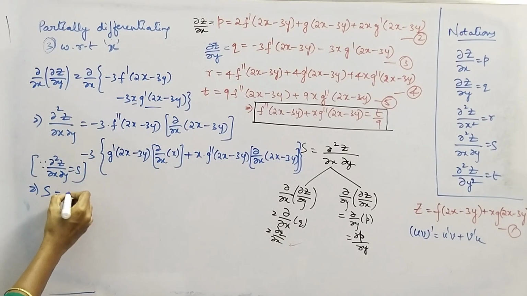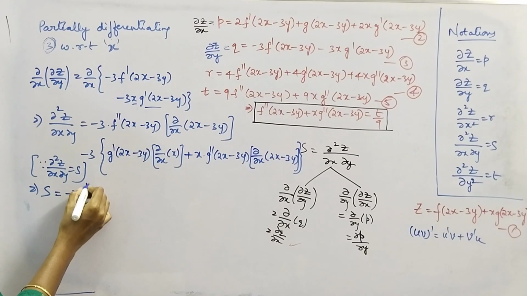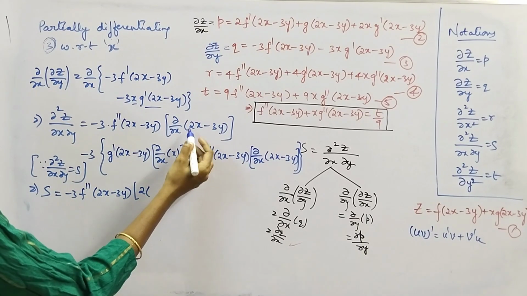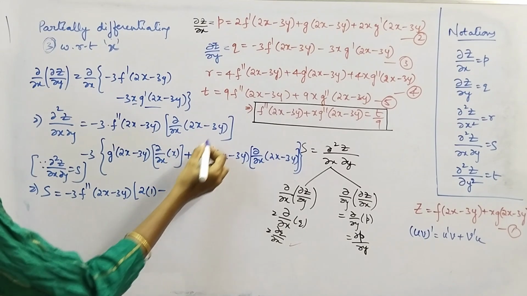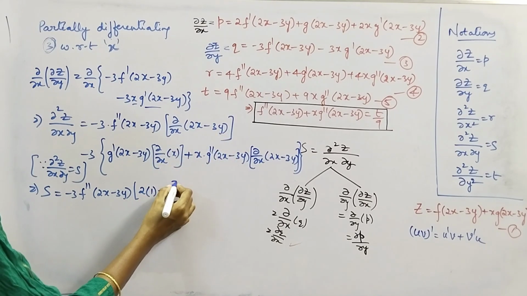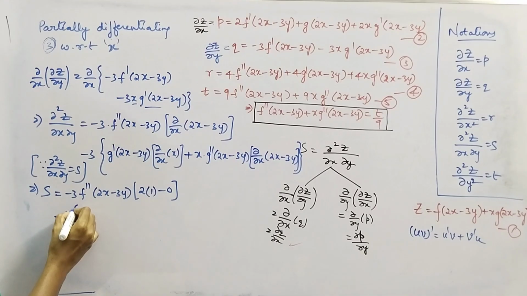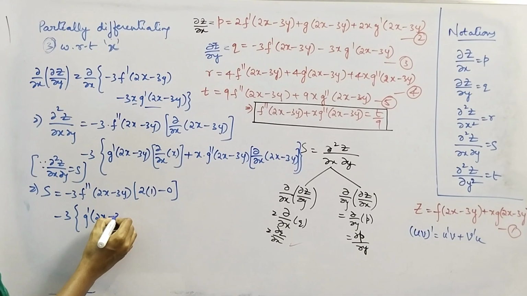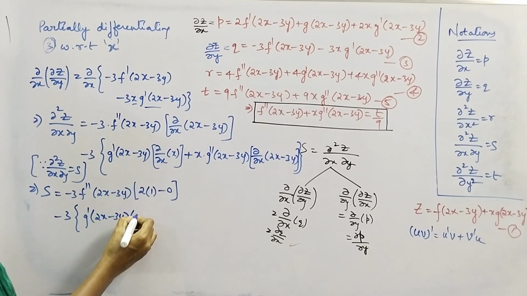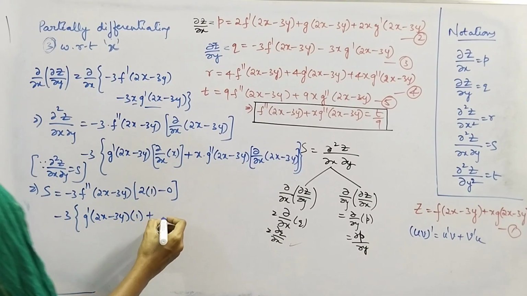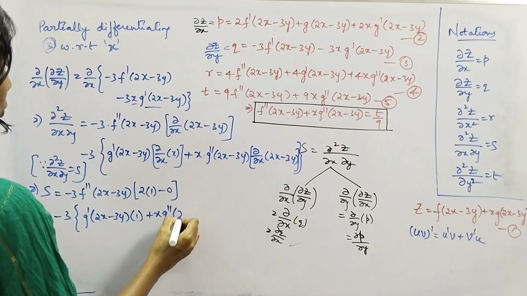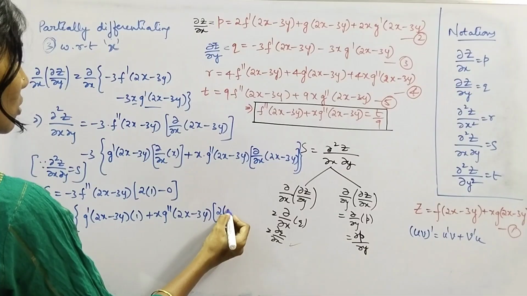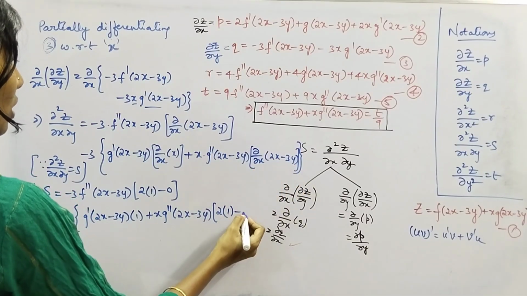You'll get s equal to -3 f''(2x-3y) into 2 times the partial derivative of x with respect to x, which is 1, minus the partial derivative of 3y with respect to x, which is 0, minus 3 times g'(2x-3y) into the partial derivative of x with respect to x, which is 1, plus x into g''(2x-3y) into 2 times the partial derivative of x with respect to x, which is 1, minus the partial derivative of 3y with respect to x, which is 0.